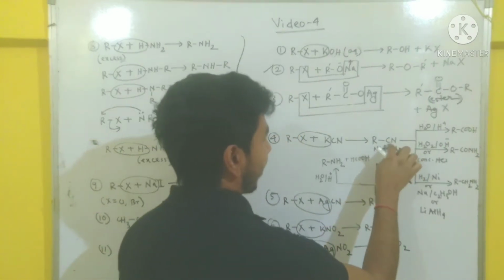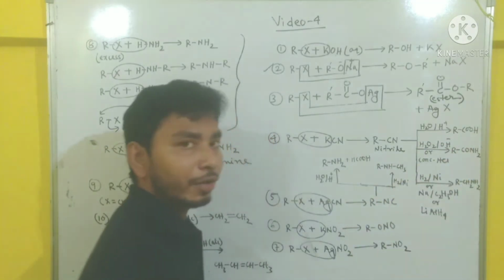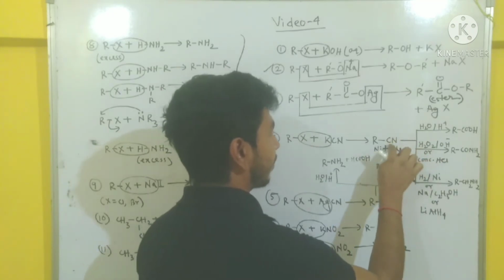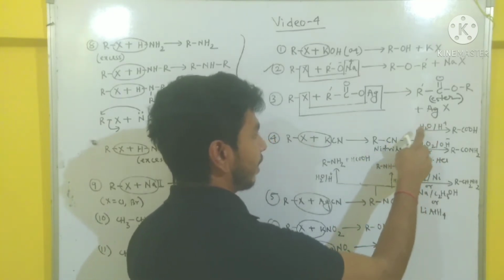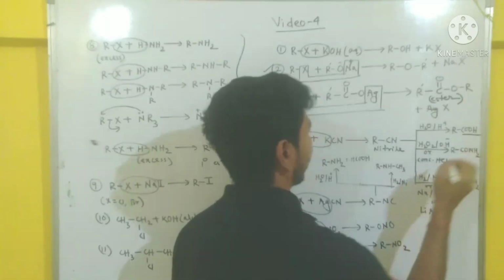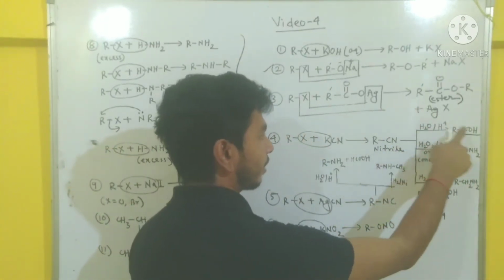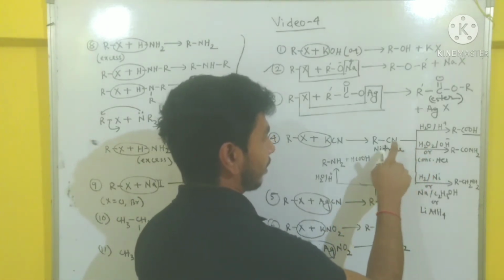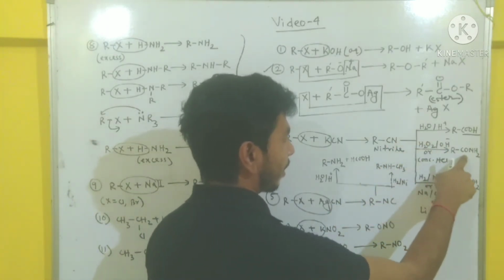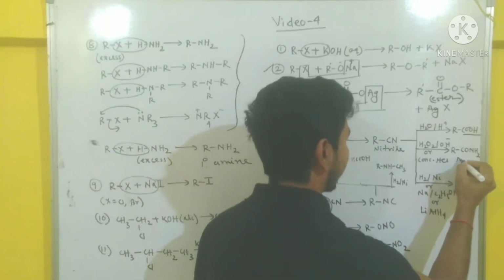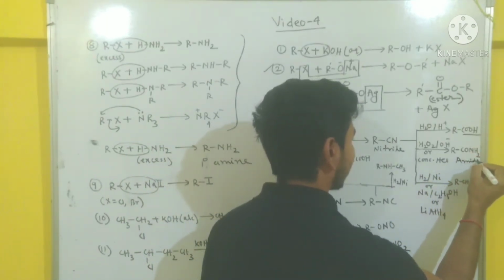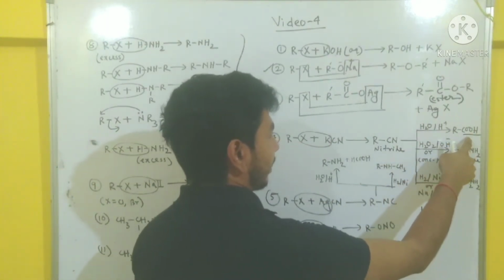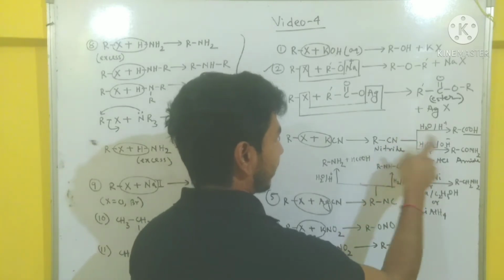Now from this cyanide group, we can produce a variety of products. First is hydrolysis. The CN group on hydrolysis is always converted to the carboxylic group. Next is partial hydrolysis. Cyanide on partial hydrolysis is converted to amide.